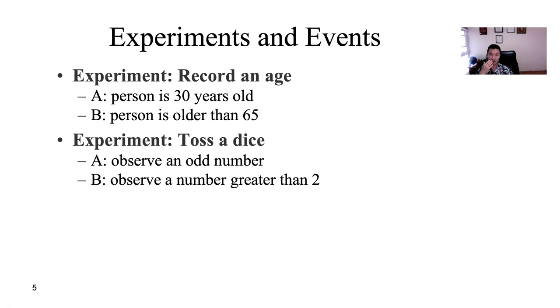If the person is 70 years old, then event B will occur because 70 is older than 65. Simple enough. Toss a die. Event A, for example, we observe an odd number, 1, 3, 5. Event B, we observe a number greater than 2. So greater than 2 will include 3, 4, 5, and 6.